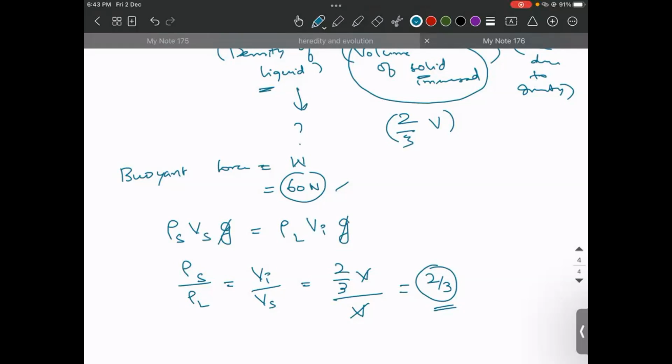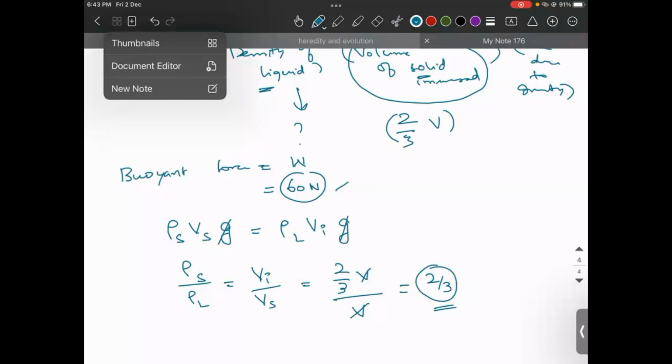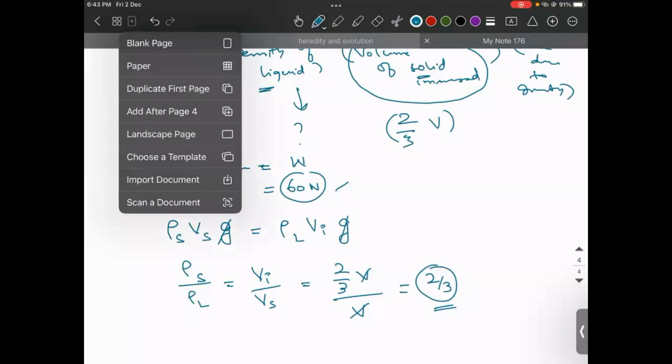So with this, fluids at rest is over. Now we'll discuss the fluids in motion. That is fluid dynamics.